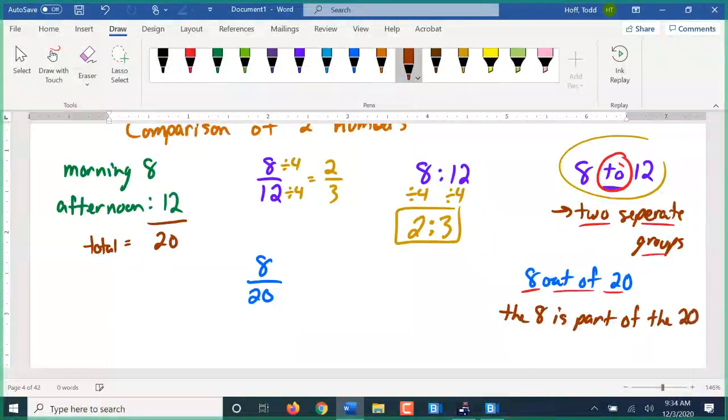So the 20 is a large group that includes the 8, and the 8 is a group that has a special characteristic out of this 20. So there's a couple of different types of ratios that we can express. Comparing two completely separate groups, or comparing one group that has a special characteristic out of a larger group.